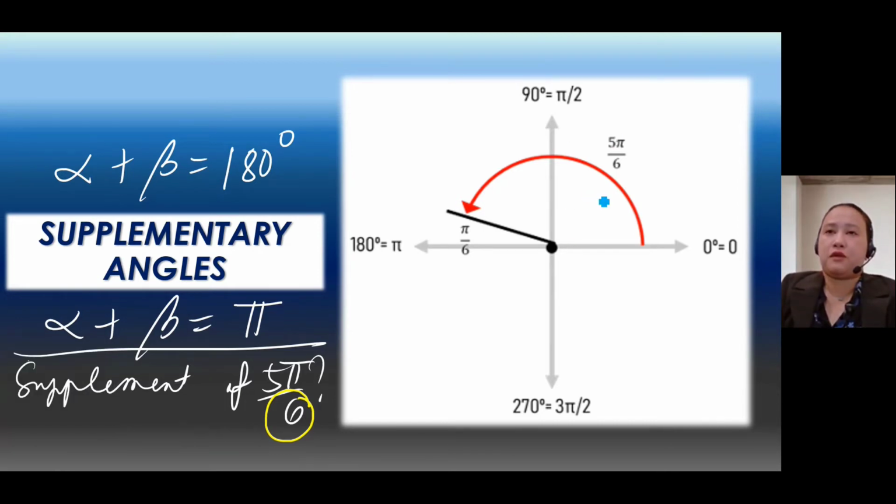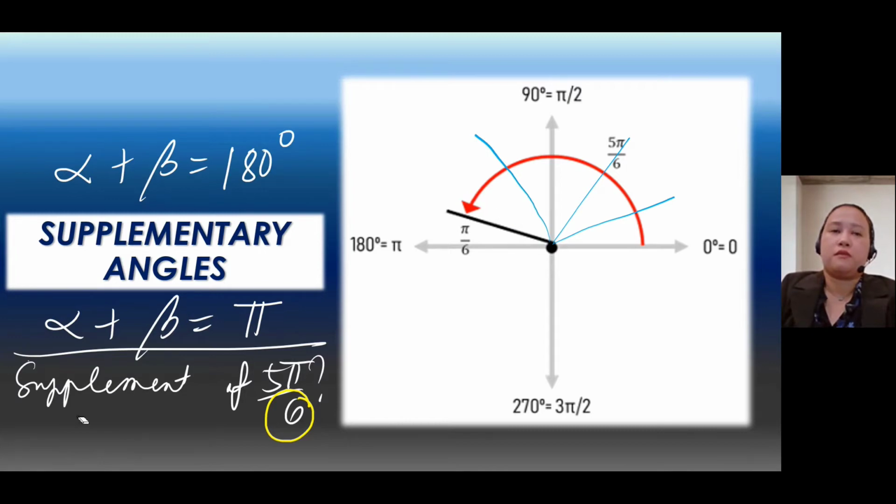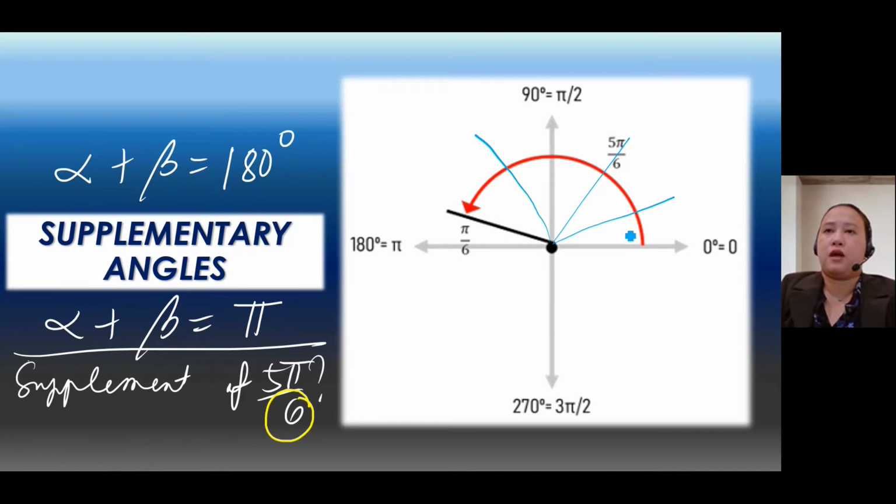The first quadrant can be divided into 3 equal parts, so do not forget to use your protractor and your ruler. So we have 6 equal parts: 1, 2, 3, the middle also has a partition, 4, 5, and then 6.